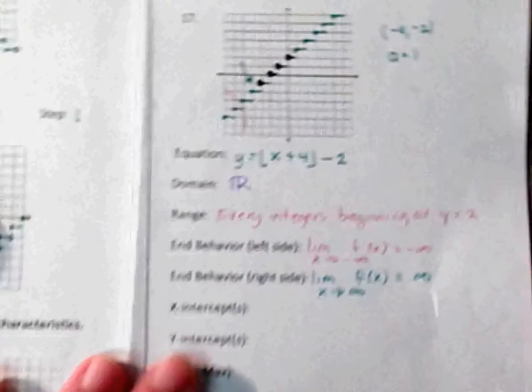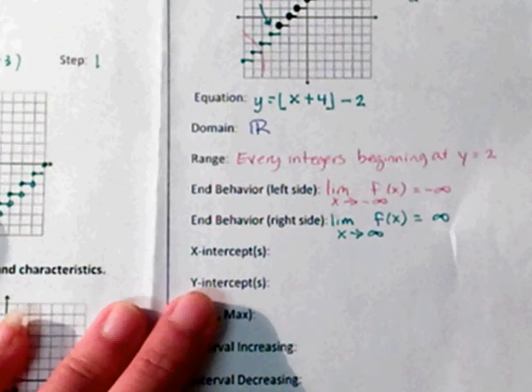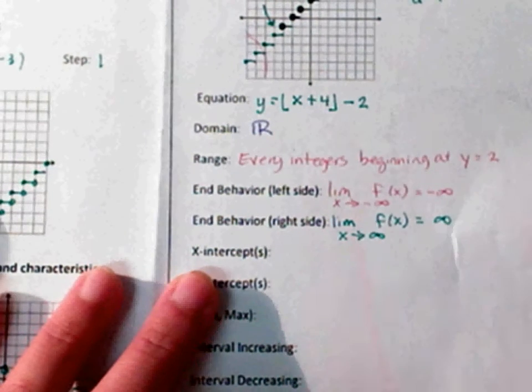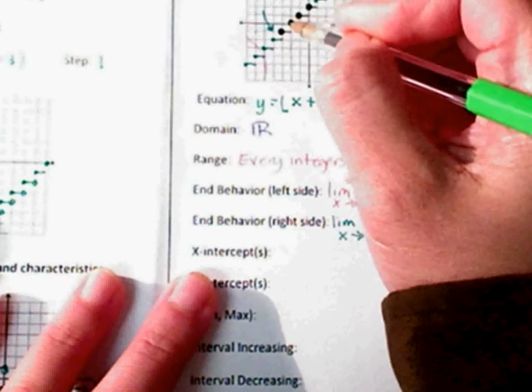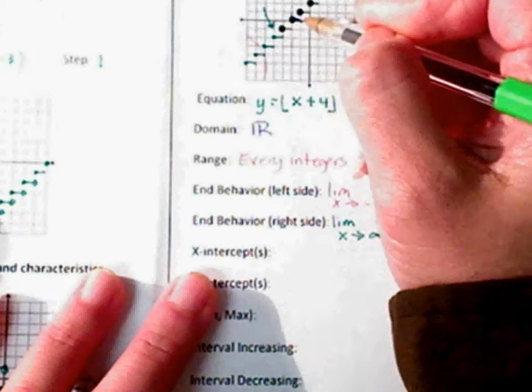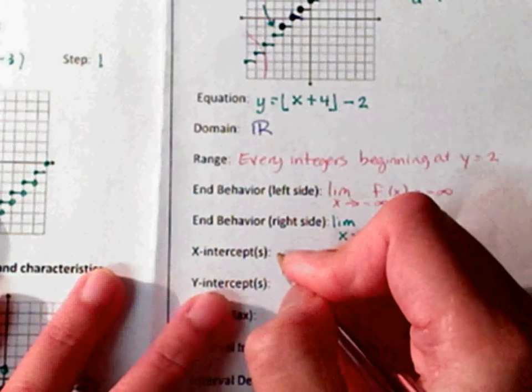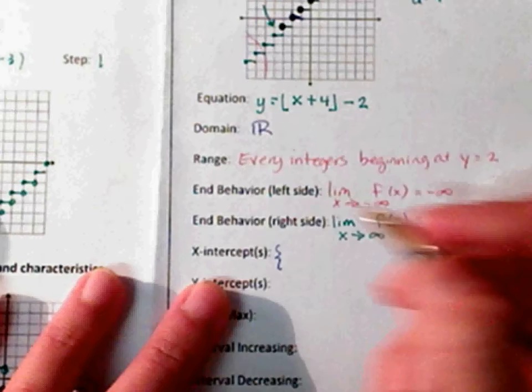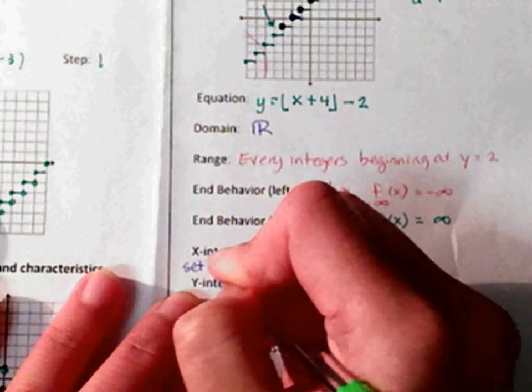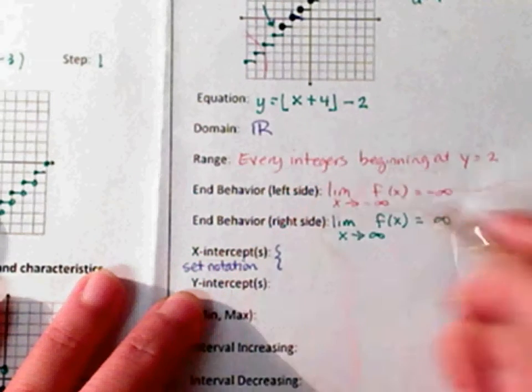Alright, your x-intercept. Let's see where you cross the x-axis. Well, it's crossing the x-axis right here, from negative 2 to negative 1. So, I want you guys to write it like this, as a set notation. Make sure it's a set notation. This is the best way to write it without writing a bunch of stuff.